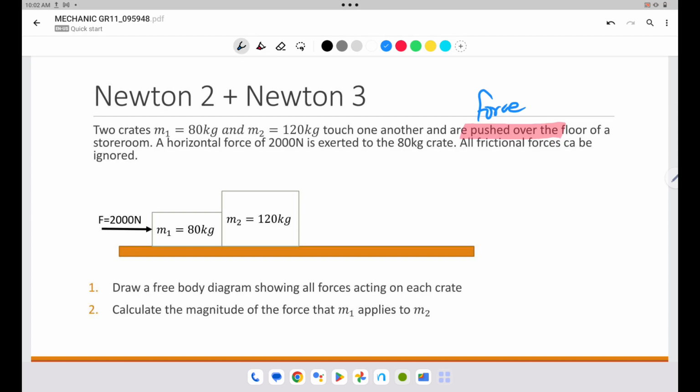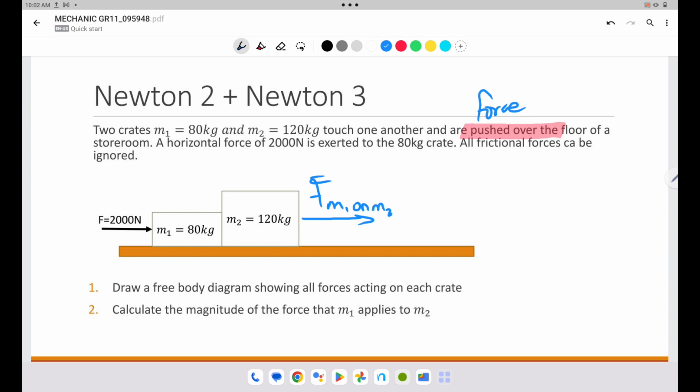Because M1 and M2 are in contact, M1 is going to push on M2 in that direction. So we have a force that M1 applies on M2.